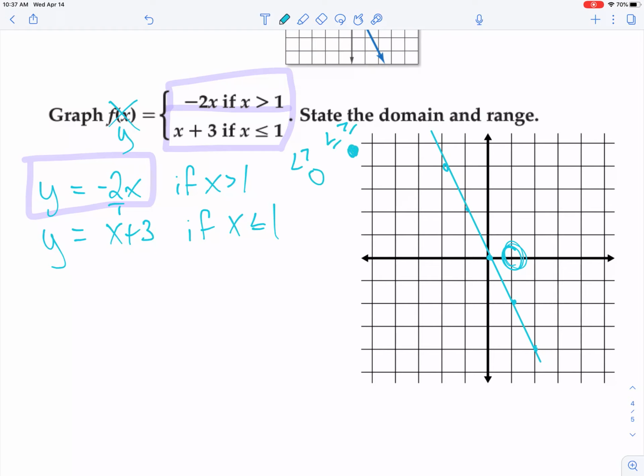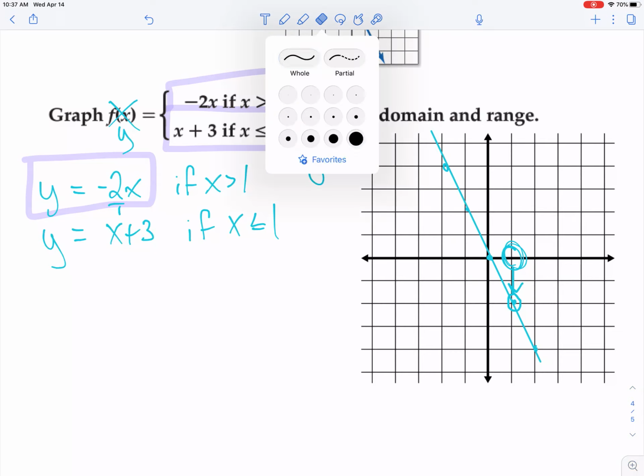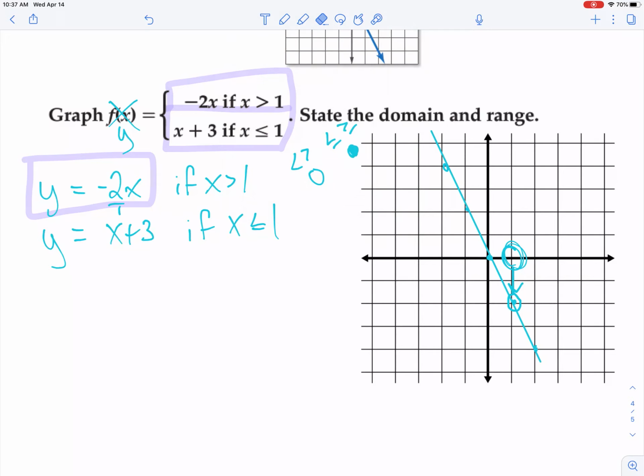So I go down from the x is 1 to where the graph is, and I'm going to put a circle, not a dot, on the line. So I'm going to erase that part here.